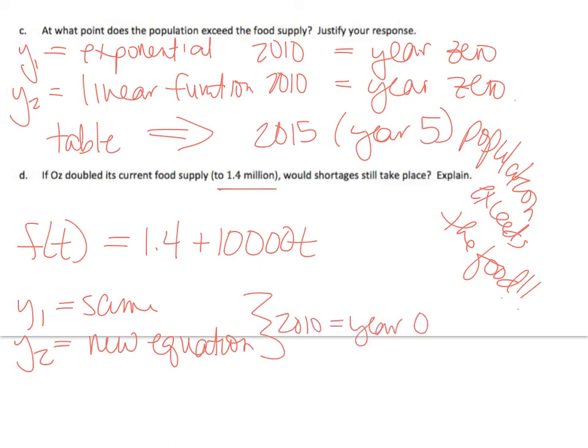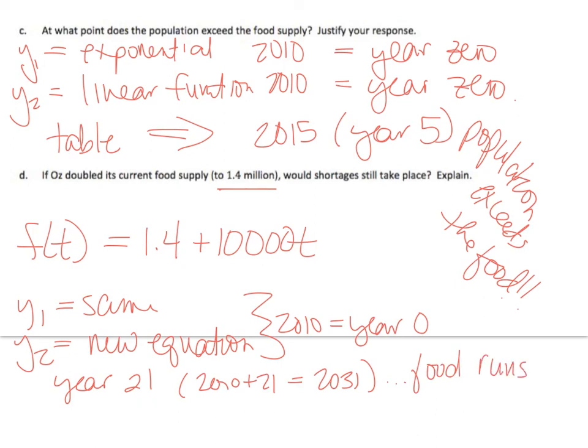When I look at my table, I see that in year 21, which 2010 plus 21 equals 2031, the food runs out. Okay, practice that, please. I'm begging you to pull out your calculator and practice that. To use those tables, they're really pretty awesome to use.